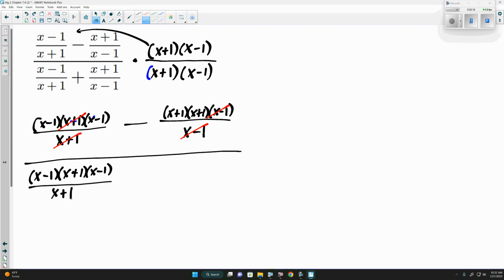And here we know the x plus 1 and x plus 1 will cancel out. Plus. And the last one, we have x plus 1 times x minus 1 times x plus 1 over x minus 1, and those will cancel.